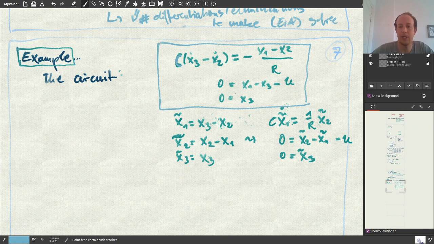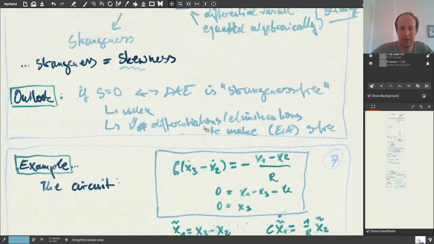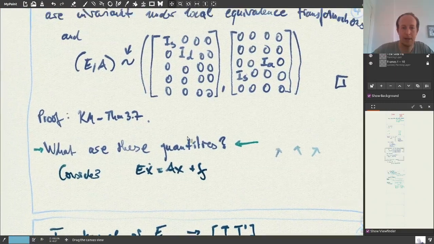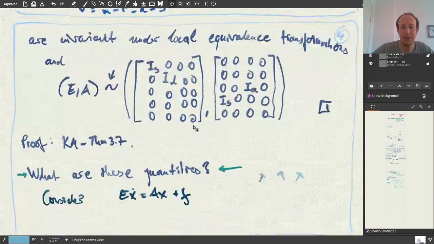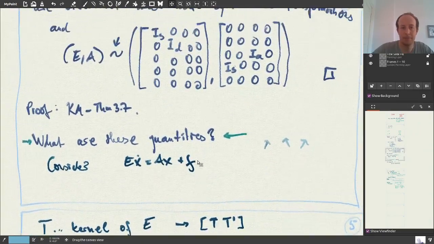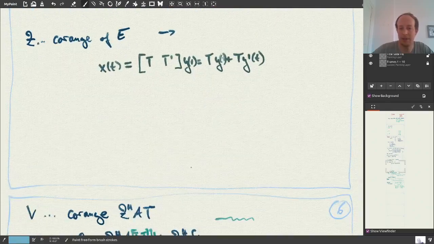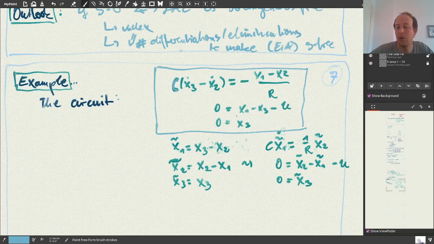And then we had those two equations here. And well, the first thing that the theorem says is that all these quantities, they are invariant under local equivalence transformations. But still one might want to do first a little transformation so that all these quantities are easier to compute. And that's what we're going to do.